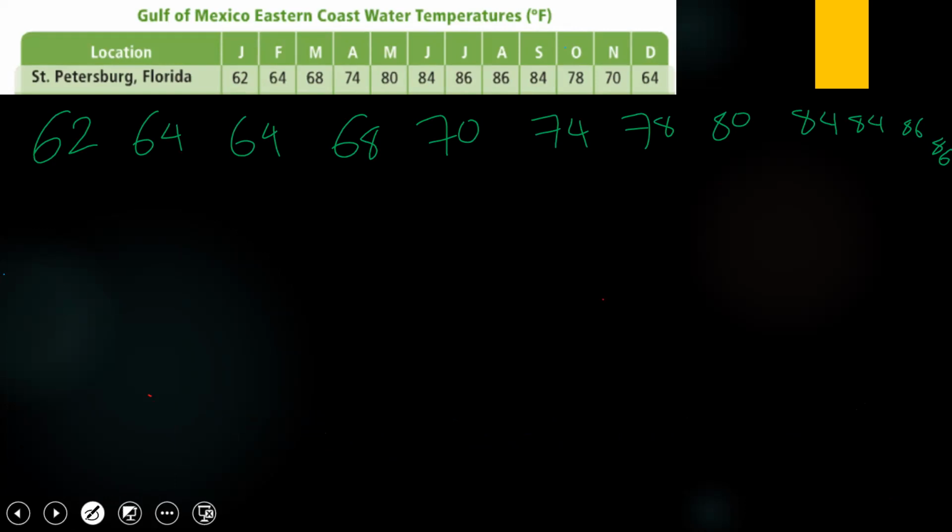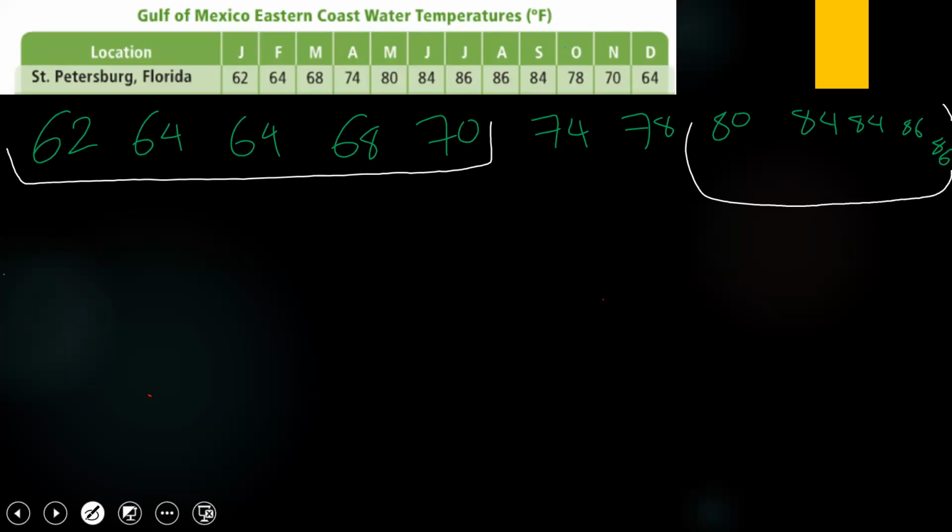Now, to find the median, I want to look at the numbers that come in the middle of the data values. Here we have 12. So 12 over 2 is 6. So the first half will be 5. 1, 2, 3, 4, 5. This is the first half. And this is the second half. And the median comes between 74 and 78. So the median here, or we call it Q2, will be 74 plus 78 over 2, which is 76.